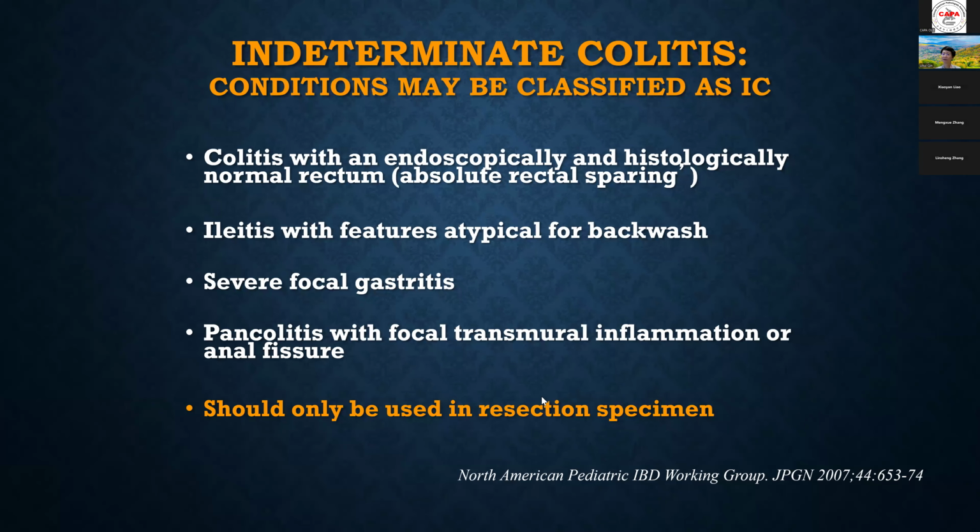So for pathologists, we need to use this terminology in resection specimens. Usually we try not to distinguish between UC and Crohn's on biopsy. So we leave this terminology for resection specimens. If we see a colitis with rectal sparing, but there are no other Crohn's features, and we see ileitis atypical for backwash, which is usually milder, right?